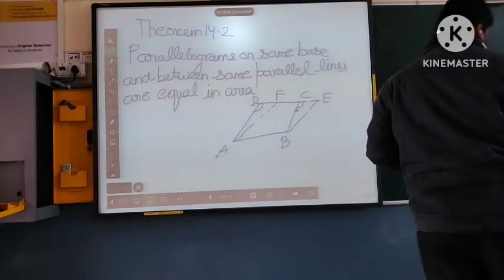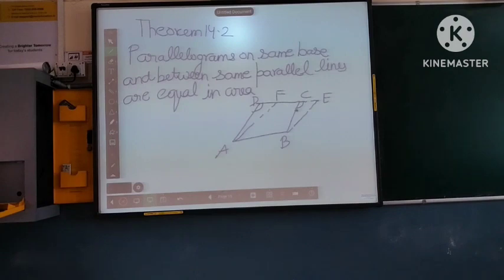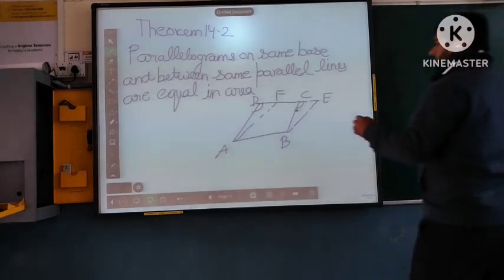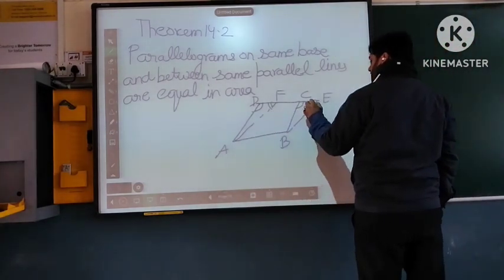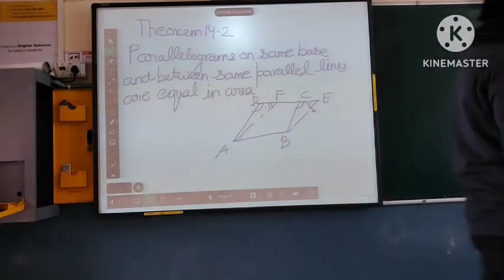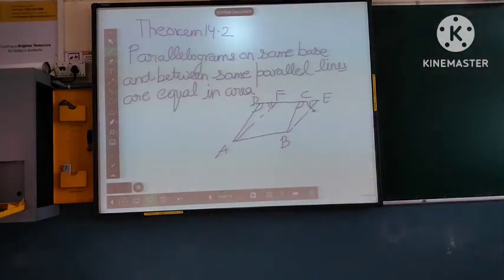Now, the angles are equal. Corresponding angles, then these angles are also equal again. Okay. So you can see here the triangle ADF and BCE are congruent. By which criteria?